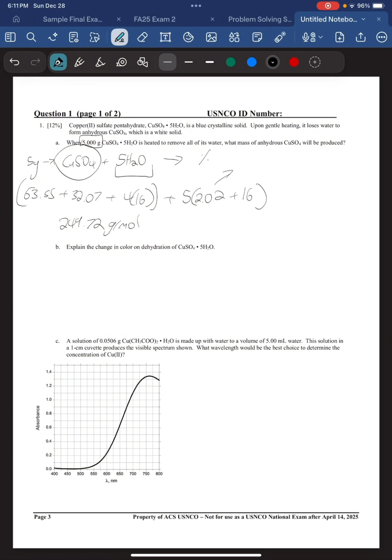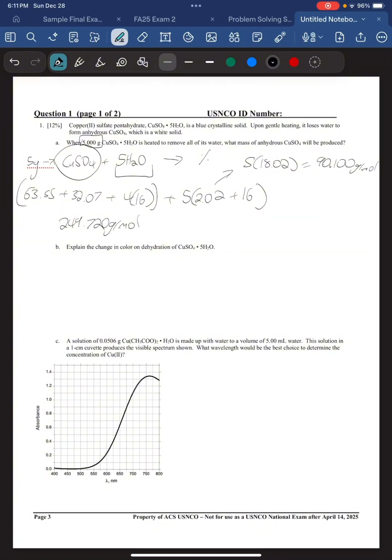So our water mass is going to be 5 times 18.02, which is 90.100 grams per mole. So let's now see what percent of the total the water is.